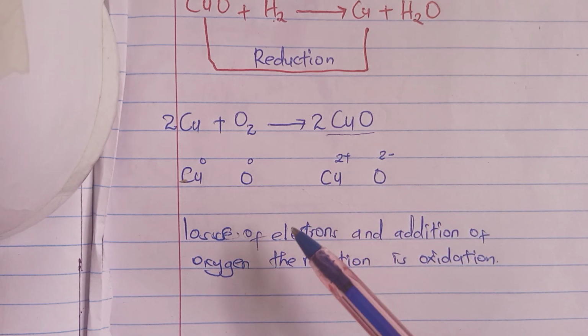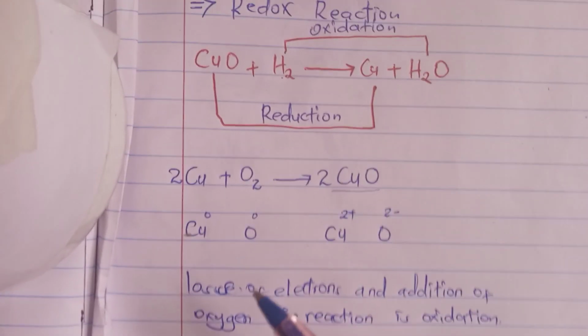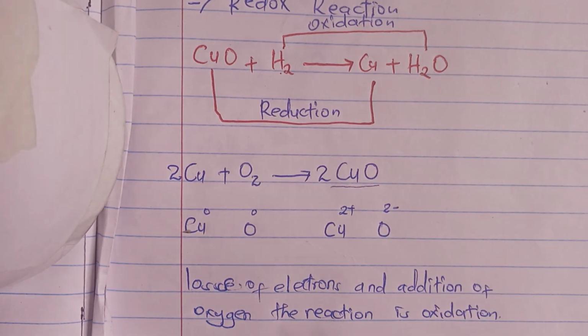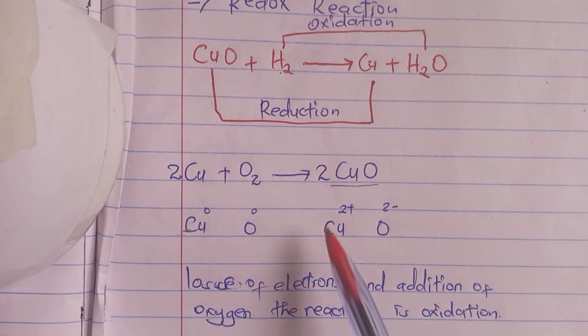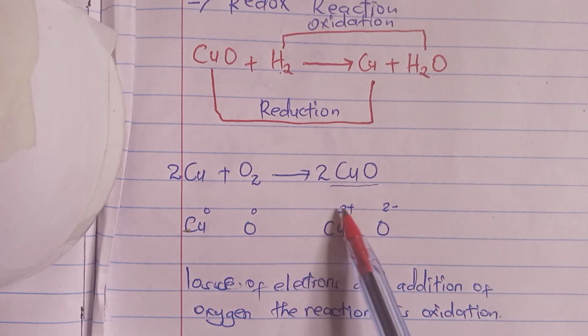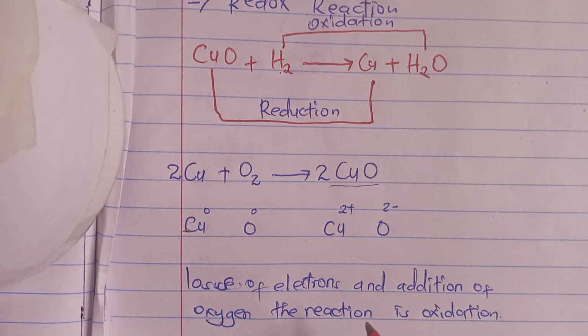So we have seen that for copper to undergo oxidation reaction, it must lose electrons. And you can clearly see here, it must lose these 2 electrons.